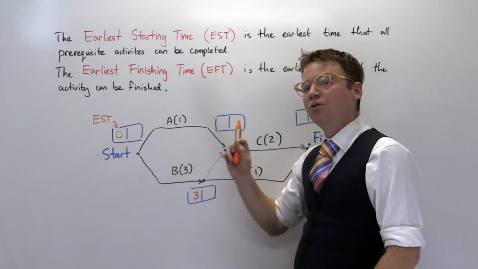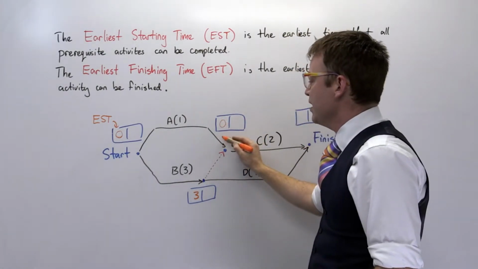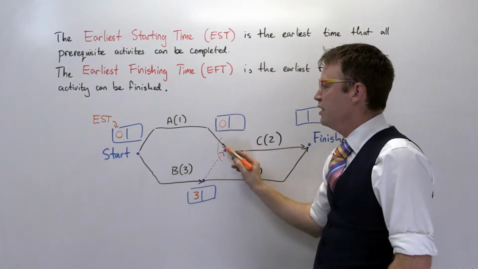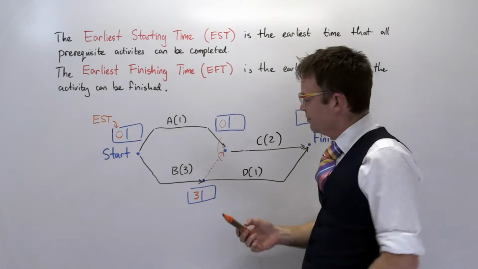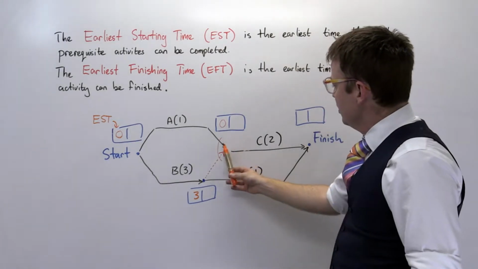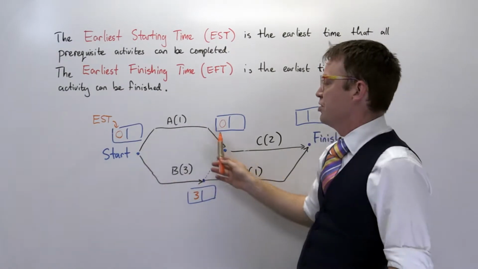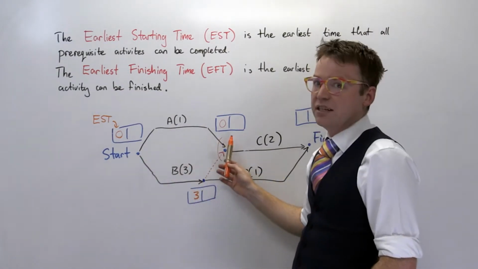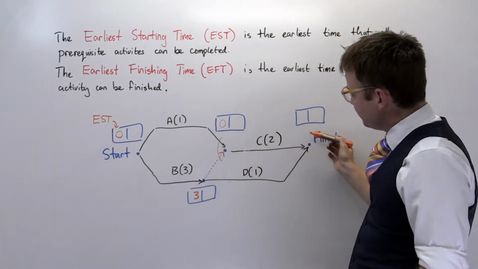But we can only get all of them after time 3. You need to have all of them present, and so you take the maximum of all the times leading into it. Technically it's the maximum of all the earliest finishing times of the activities pointing into that vertex.